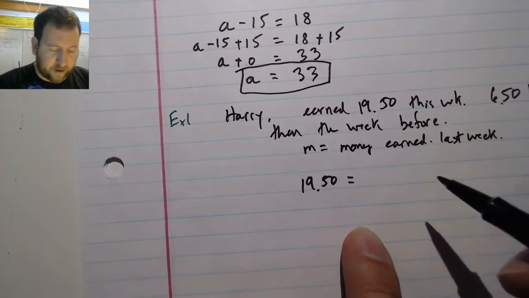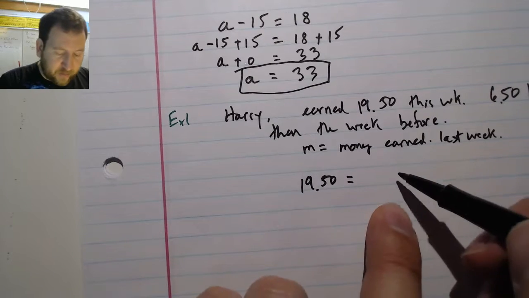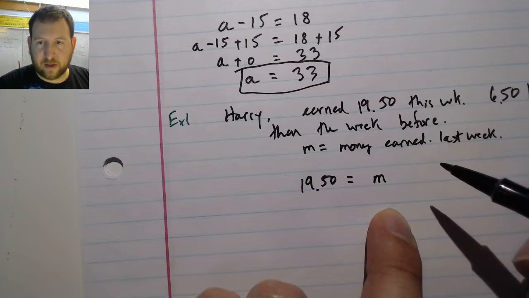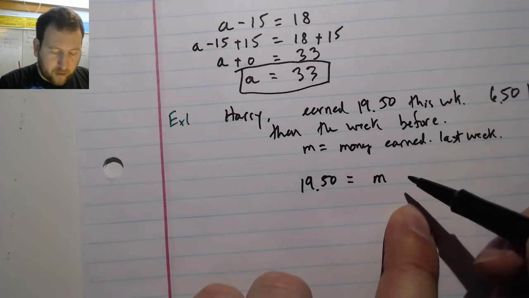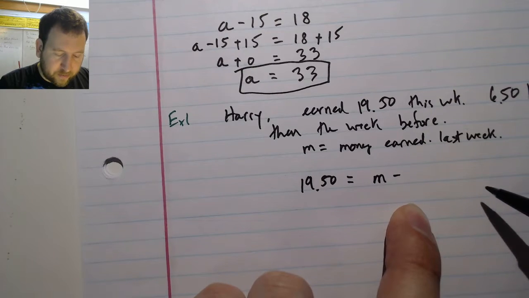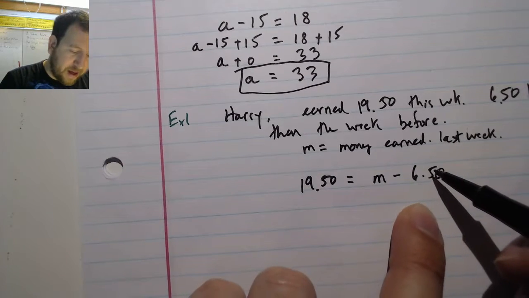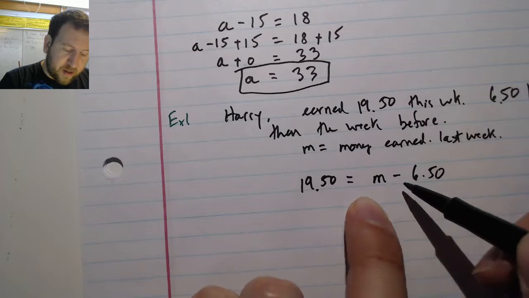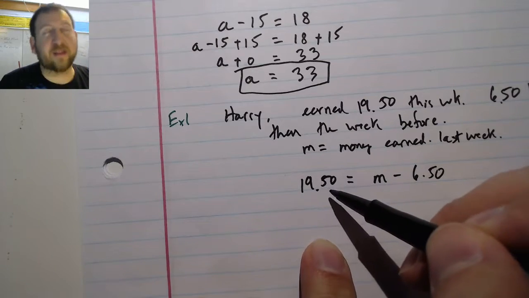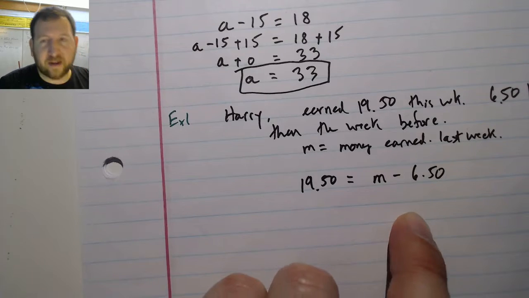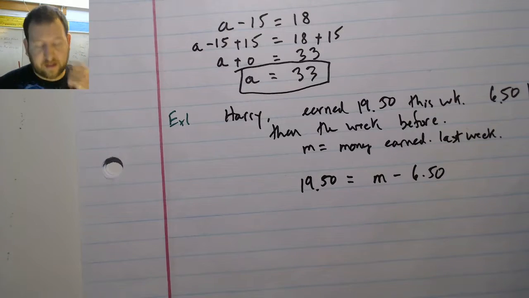That's what we're trying to figure out. This is how much he earned this week. Last week, he earned, the amount that he earned last week, minus $6.50. Because last week he earned this much, and the money he earned this week is less than the week before. So I can write this as M minus $6.50 equals $19.50.